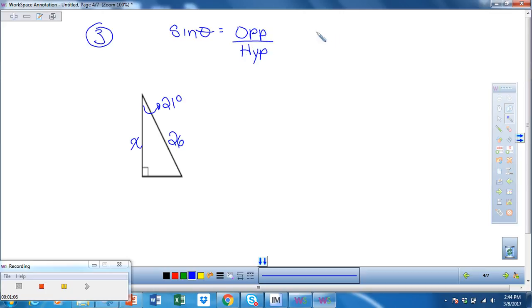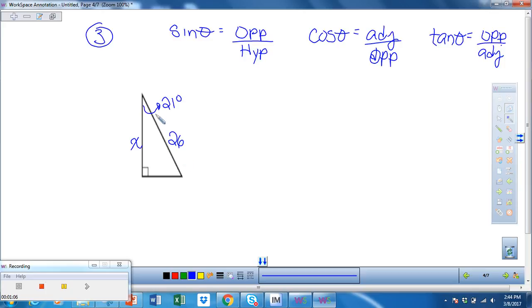I know that cosine of that angle is adjacent over hypotenuse. And I know that tangent is opposite over adjacent. So now I have to ask myself, which one do I need to use?